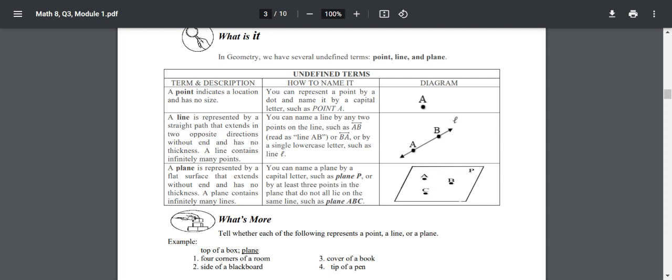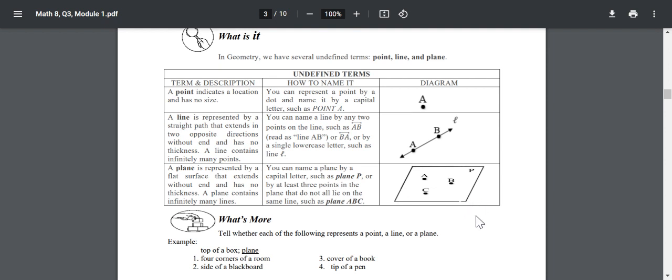How to name it? You can name a plane by a capital letter such as plane P, or by at least 3 points in the plane that do not all lie on the same line, such as plane ABC. So tanaw na to ang diagram. So naatay plane kani mura siya og rhombus. And then sa sud sa atong plane na ay daghang points.